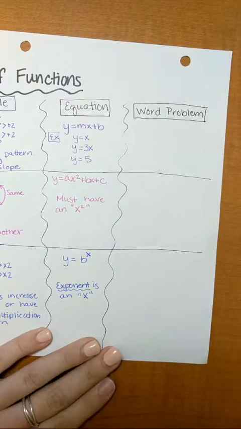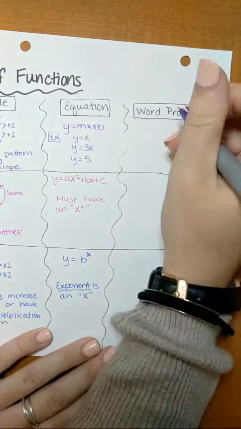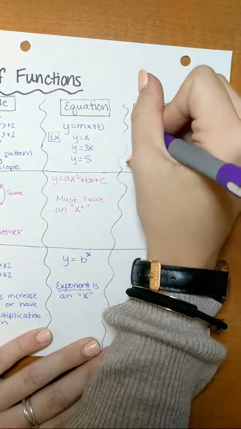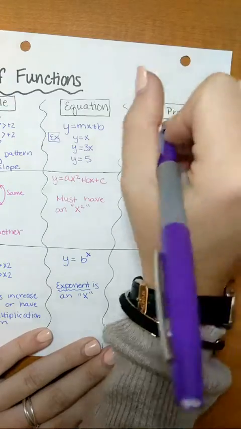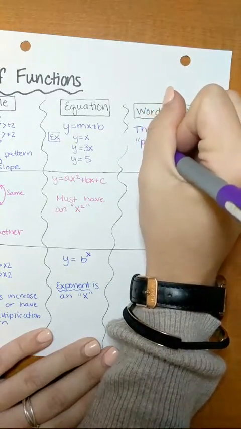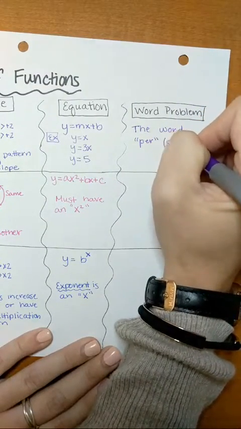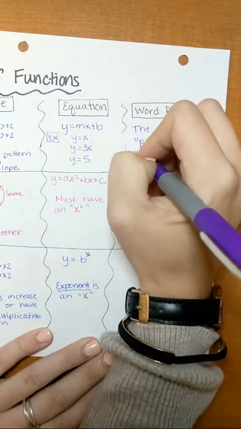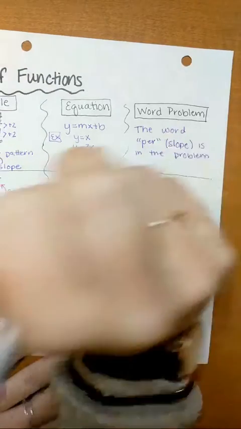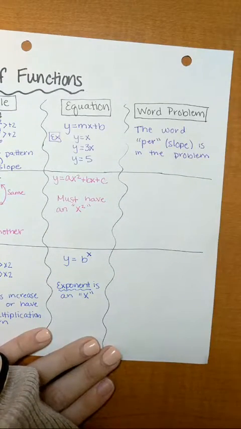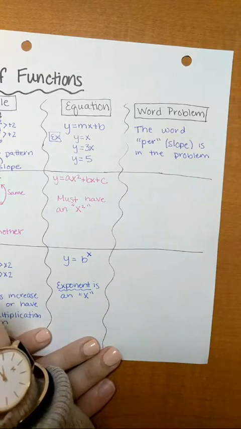So for a word problem, for linear, the word per, which is referring to the slope, is in the problem. Or there's going to be a word that is a synonym of per.